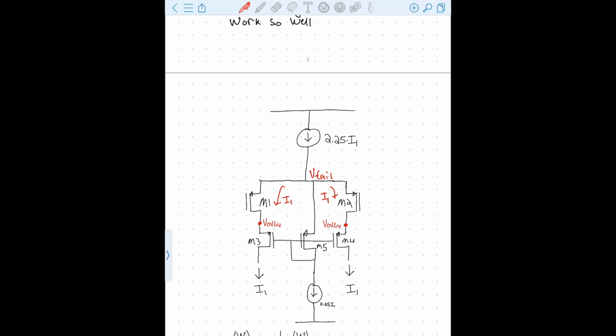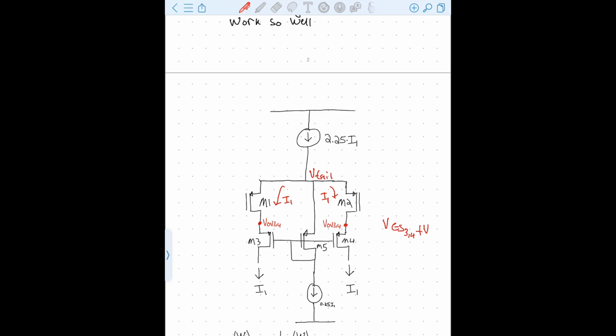And what's going on here is we're trying to bias this M5 device, and this M5 device is providing the bias for M3 and M4, and this is very similar to a wide swing in the sense that what we're trying to do here is manipulate the current density of M5 such that the VGS is effectively a VGS of 3, 4 plus an overdrive.